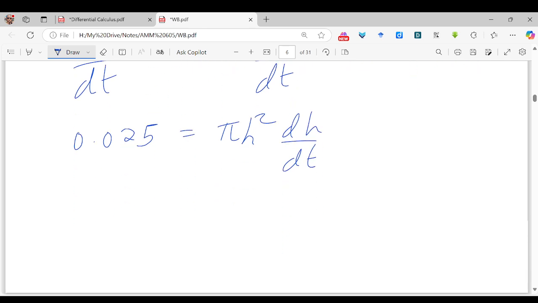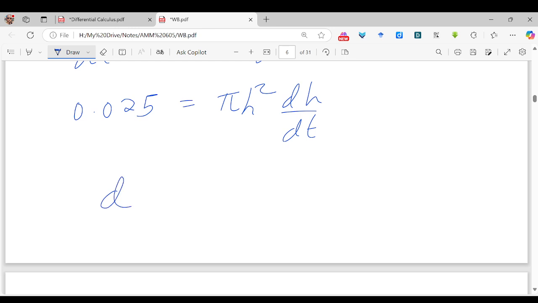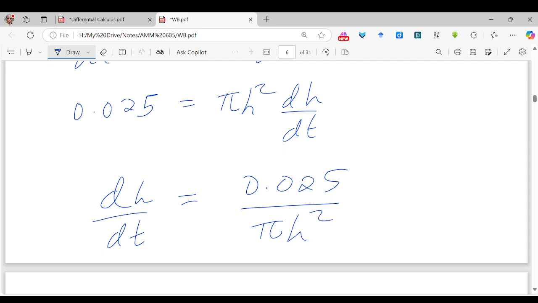Since we are looking for dh/dt, we write dh/dt is equal to 0.025 divided by pi h squared. This is the rate at which the height is changing at any time t.